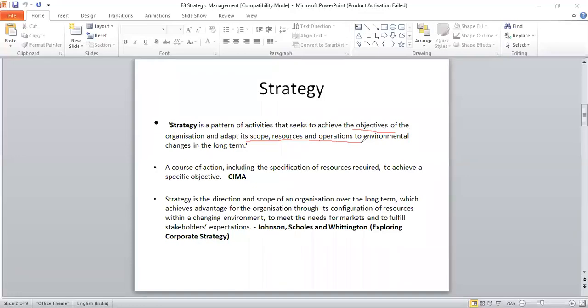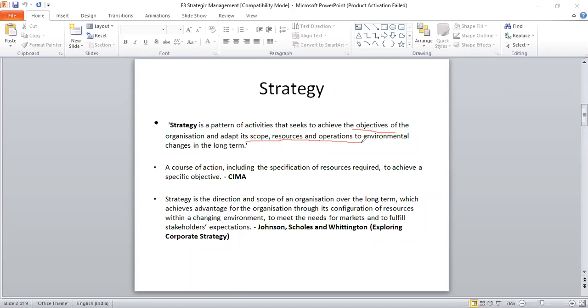So to achieve an objective, what course of action would be taken up by an organization is defined as strategy. It is basically planning how the objectives will be achieved. It's a course of action which would be taken up considering many other factors, to see that the organization's objectives are achieved.